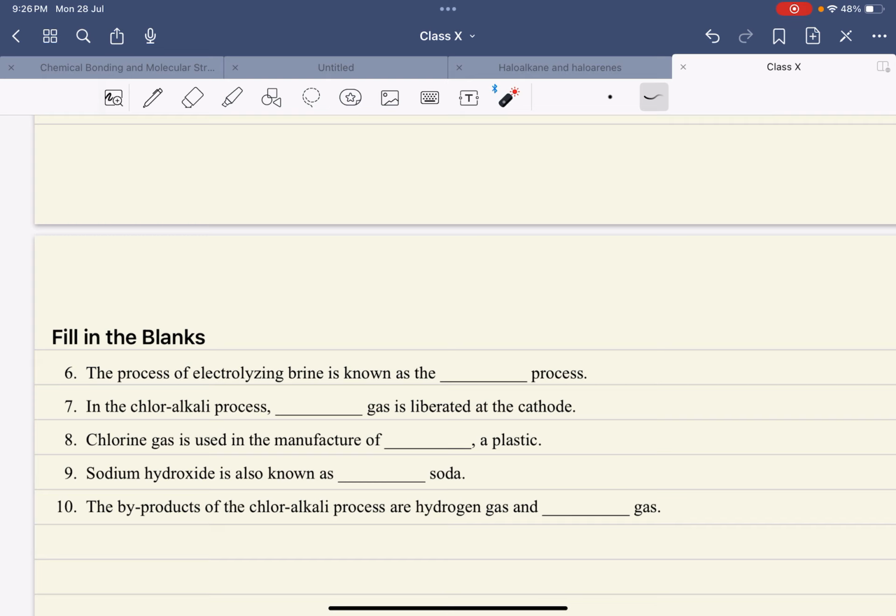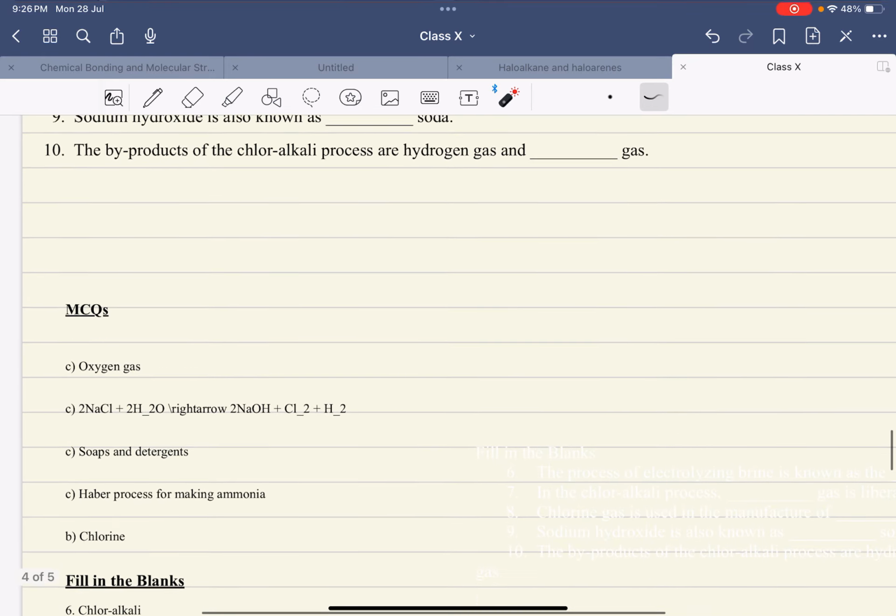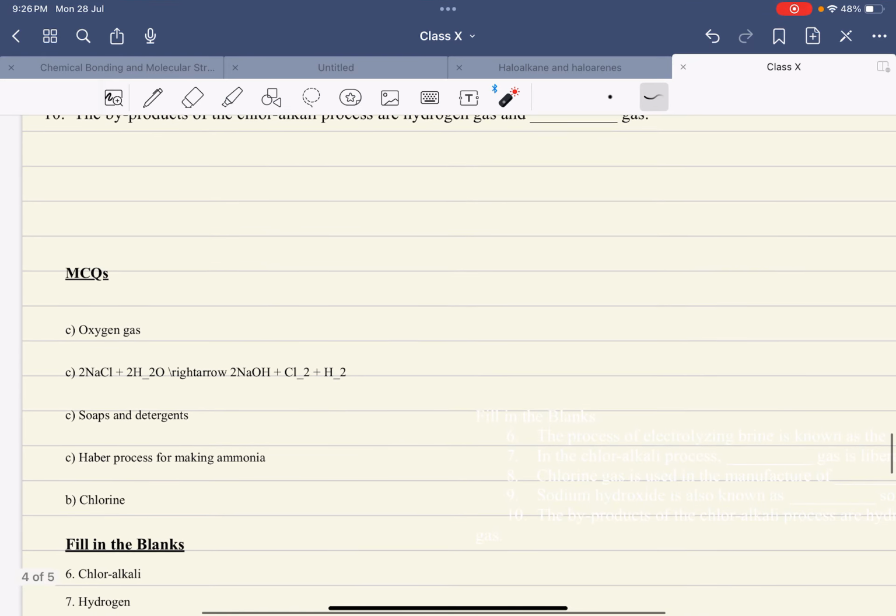Chlorine gas evolved at anode and hydrogen gas at cathode. Chlorine gas is used in the manufacturing of dash and plastic. Sodium hydroxide is also known as dash soda. The byproduct of the chloralkali process is hydrogen gas. So, what is the correct answer?